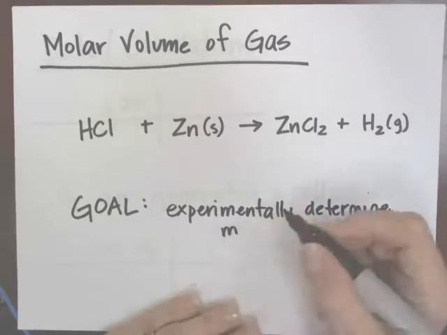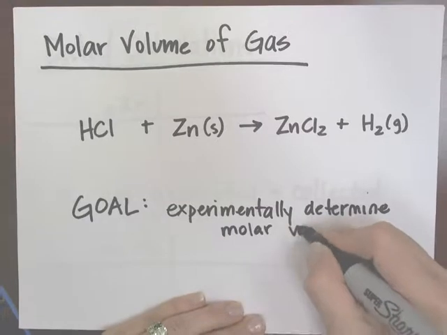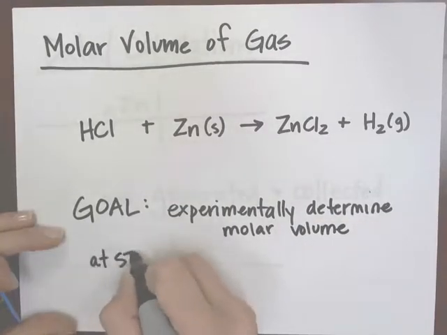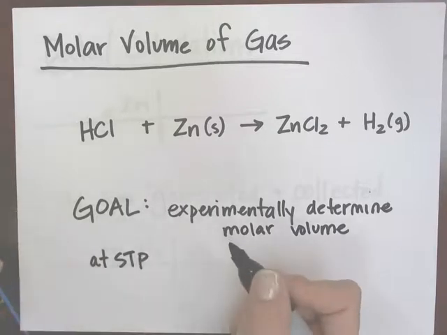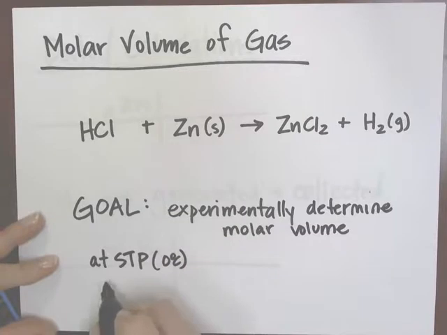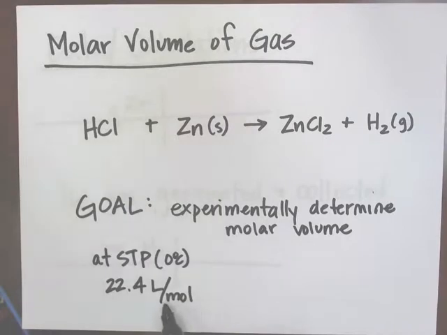Now, from chapter 7, we know that at STP, which the laboratory is not at, but if we were at STP, which by the way is 1 atmosphere and 0 degrees Celsius, the molar volume of a gas is 22.4 liters. So that means if you have a mole of gas, it should occupy this space.